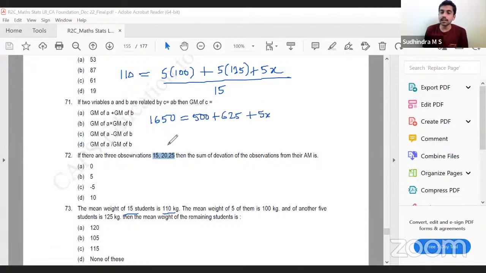If I send that to the other side, 5x is equal to 1650 minus 1125, we get 525. Therefore, x is 525 by 5, 105. Therefore, the arithmetic mean of last set of 5 students, 105. We have to just use combined arithmetic mean concept. Understood?